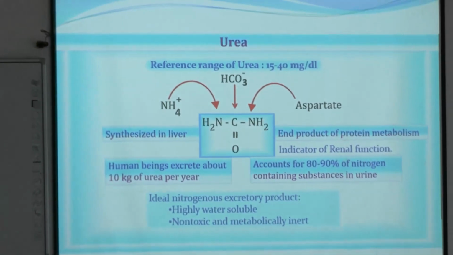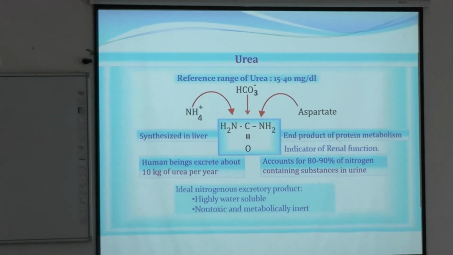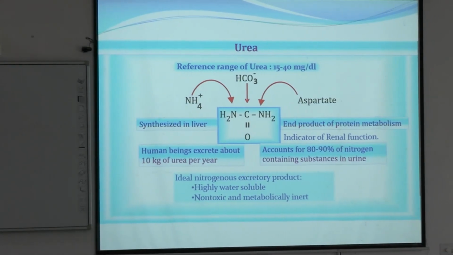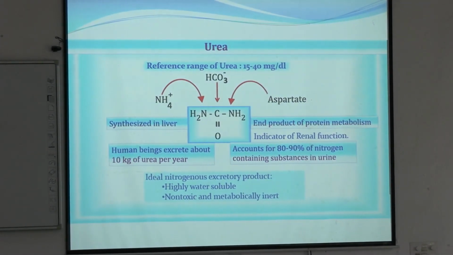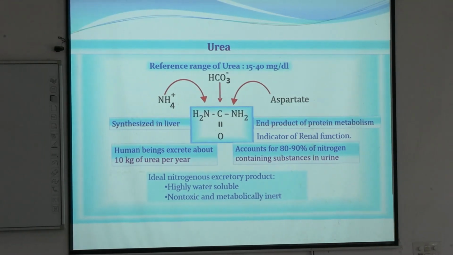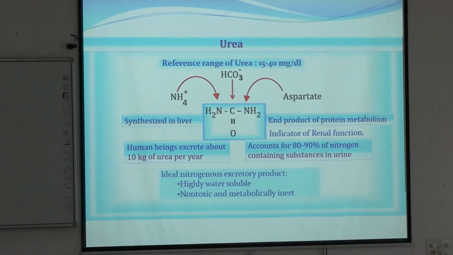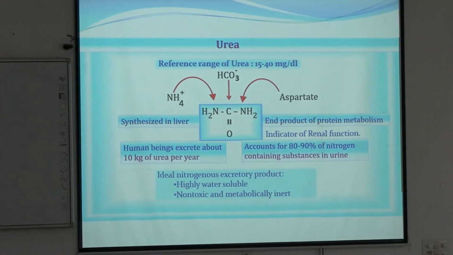So here are a few salient features of urea. First of all, we should know the reference range or the normal range in humans, irrespective of age, sex and body weight. The reference range of urea is 15 to 40 milligram per dl.